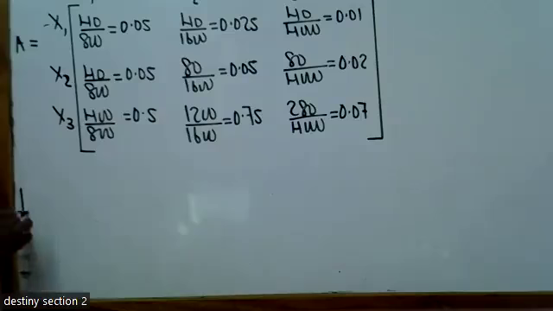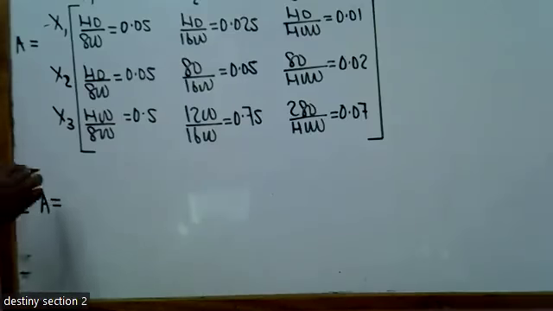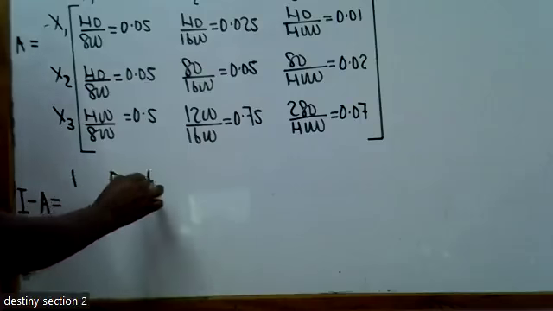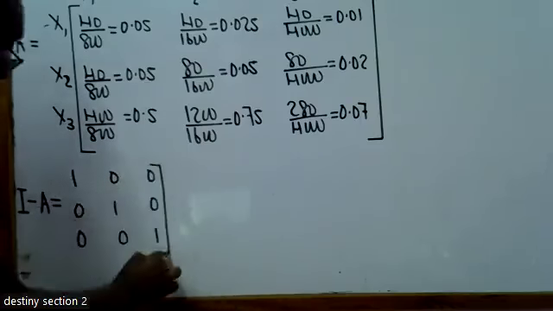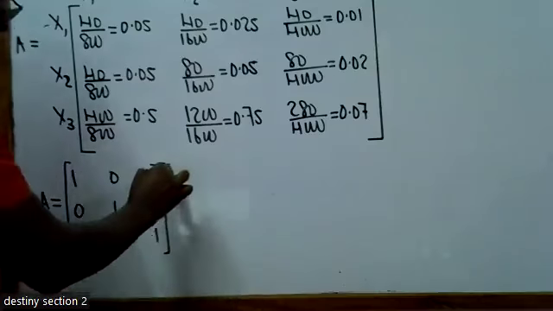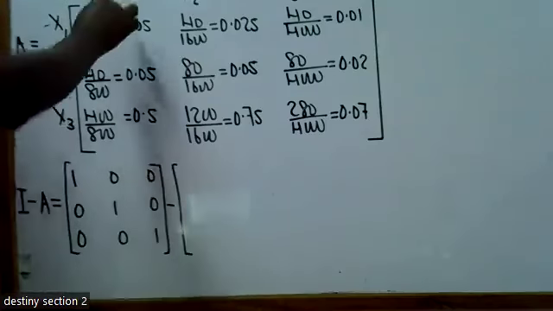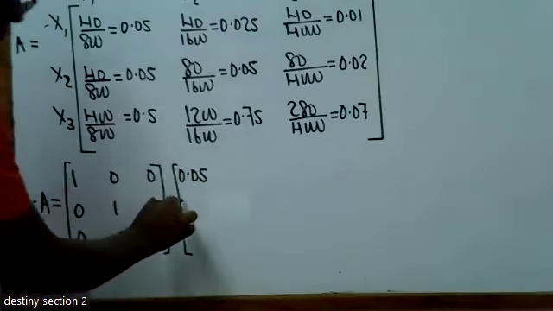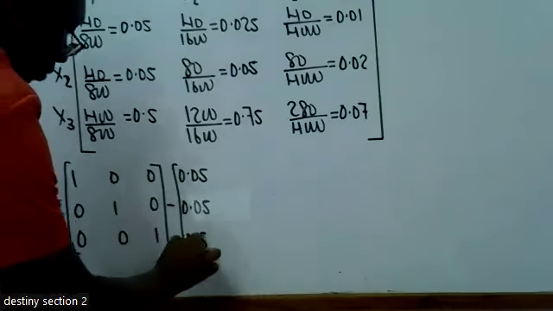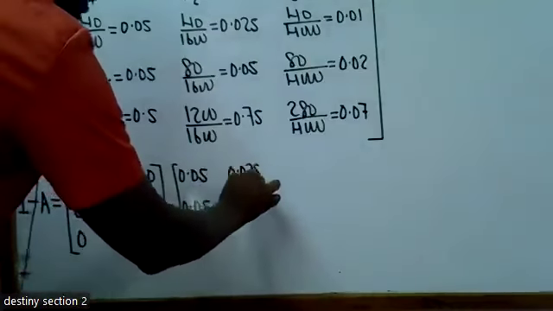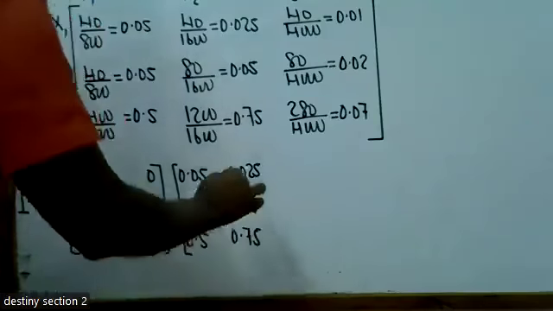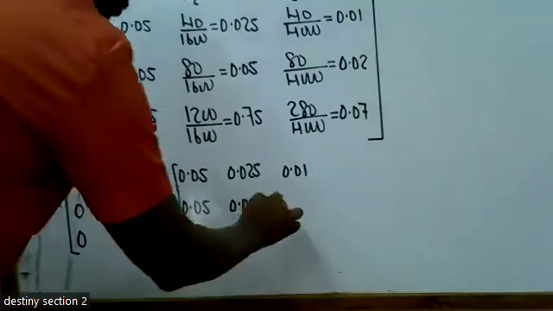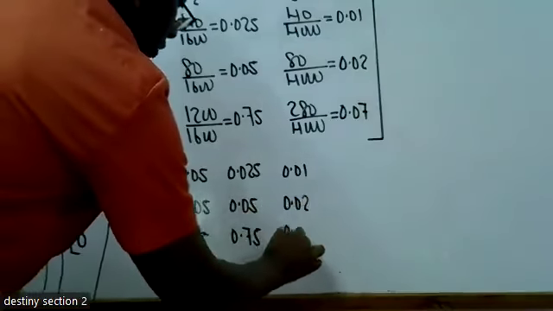You need to come here and say I minus A, the identity matrix minus A. Now, the identity matrix will be 1, 0, 0, then 0, 1, 0, then 0, 0, 1, minus this matrix that we have gotten: 0.05, 0.05, and 0.5, then 0.025, 0.05, 0.75, then 0.01, 0.02, and 0.07.